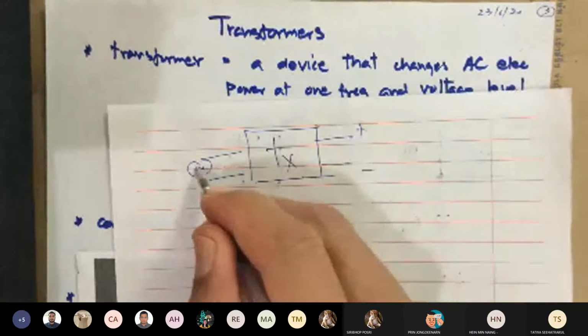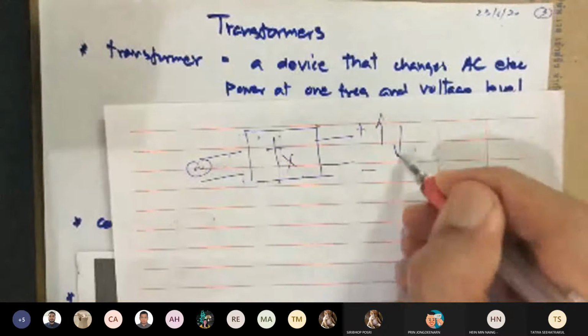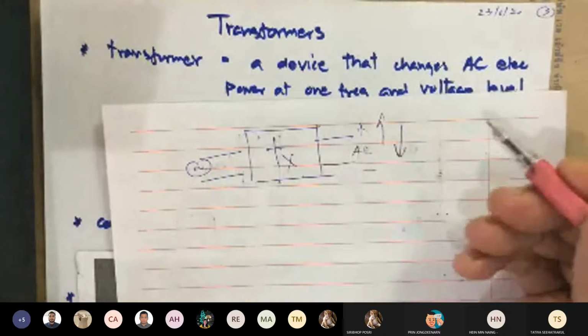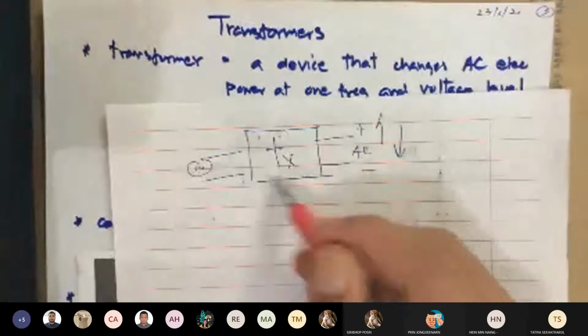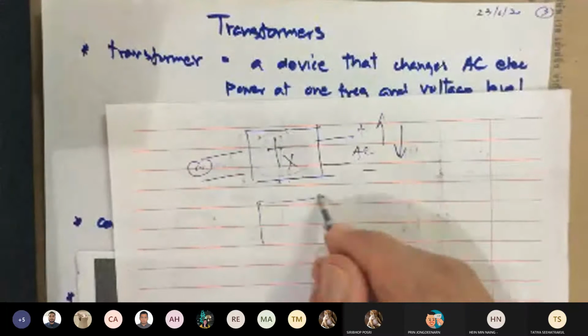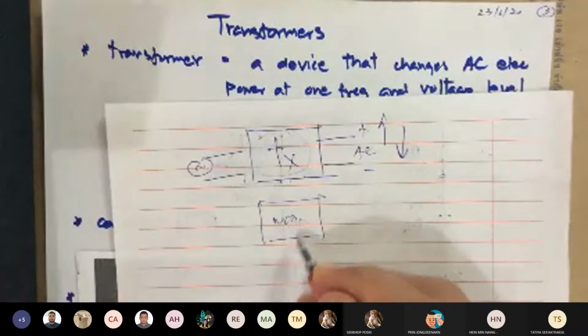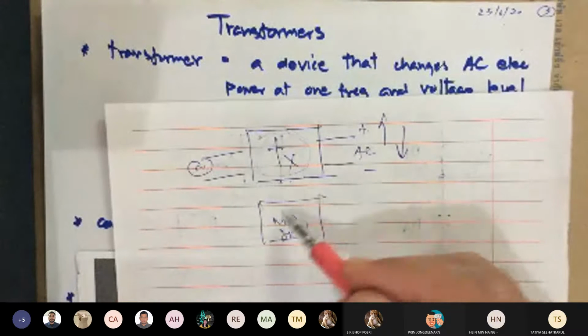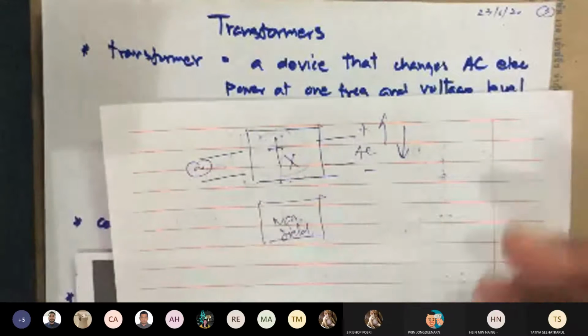Here you can either step up or step down. Again, this is AC. Inside, the main idea is the magnetic field. You need that.